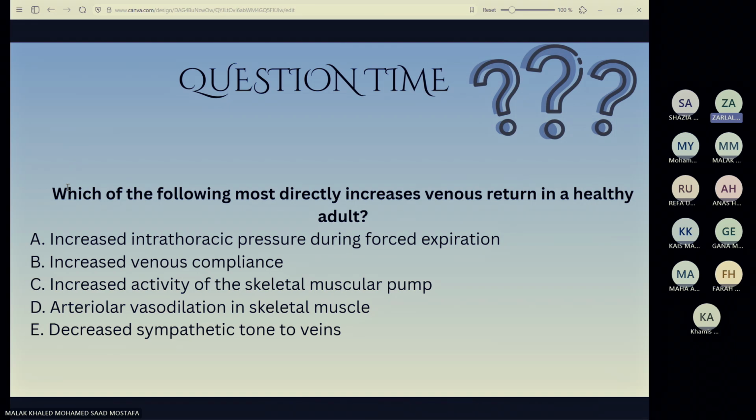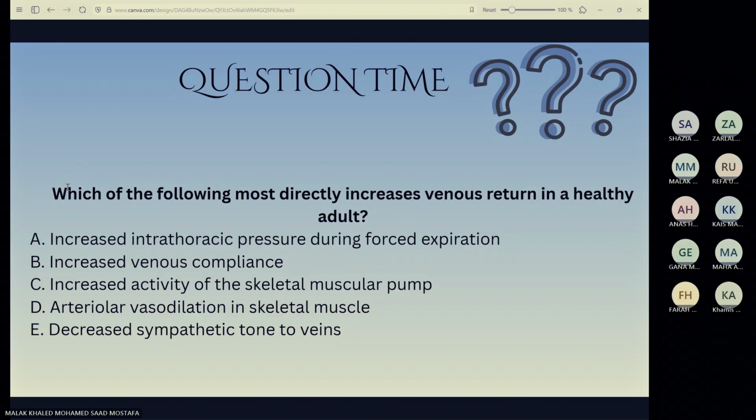Remember that vasoconstriction kind of pushes the blood upwards. Vasodilation would kind of slow the blood down. Do you get that? The answer is C because of increased activity of the skeletal muscle pump. The skeletal muscle pump presses on the veins, pushing the blood upwards towards the heart. I hope that's clear. If there are any questions, do let me know. Go to the next one.